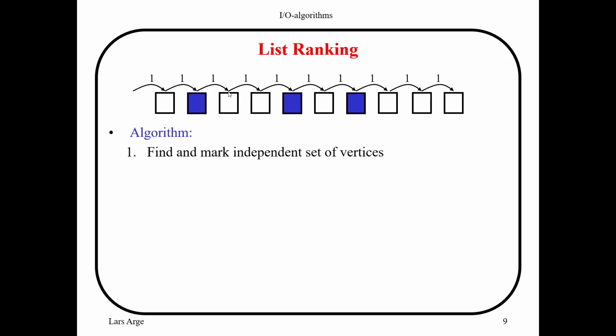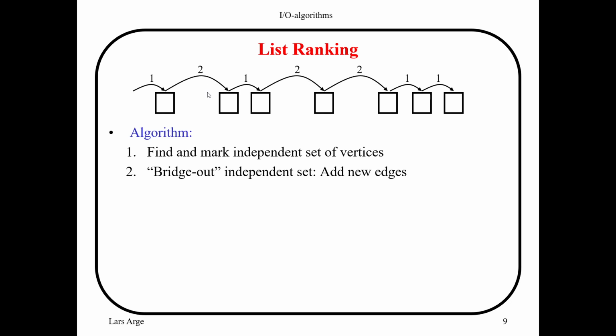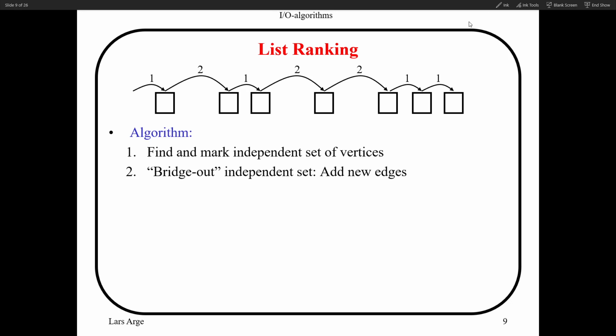That's basically what it means to bridge out: remove this element, then add up the 2 links that we deleted and put it as the weight of a new edge of 2. Of course, this means that if I delete this element, I will delete these 2 edges and instead put an edge with weight 3, because we add 1 and 2 to get 3, and so on. So that's what the bridging out operation does.